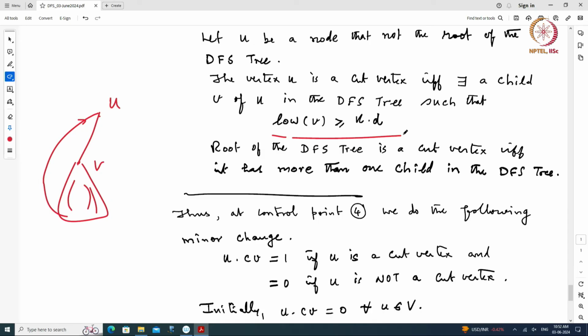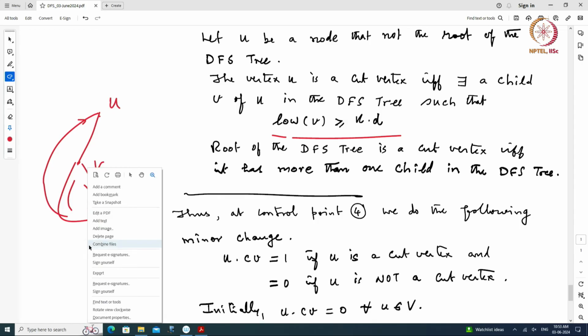But this characterization is not true for the root, right, because the discovery time of the root is 1. Any other vertex will satisfy it, therefore this characterization should not be applied for the root. The root will be a cut vertex if it has degree more than 1, because this is the root of the DFS tree.